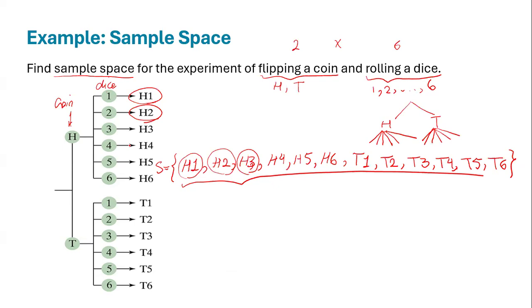And if you define the event A as getting a head on the coin and 3 on the dice, how many of these outcomes had head and 3? Just one of them. So the event A only has one outcome. Is this a simple event? Yes.